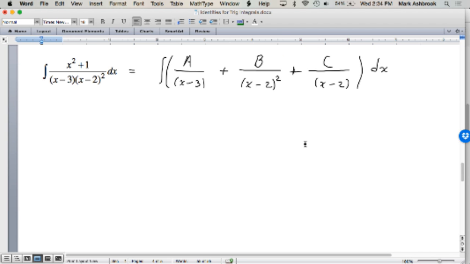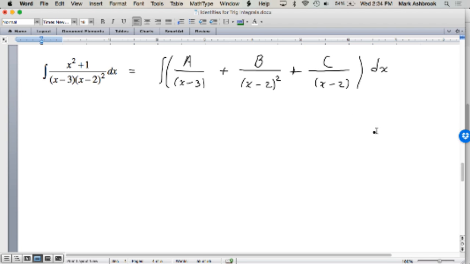What we would need is a quadratic that can't factor into a linear squared or linear cubed, and then we would put a linear term up there. So if we had some unfactorable quadratic, we would have something like bx plus c, or in this case bx plus d, a general form of a linear term. Okay, does it make sense?